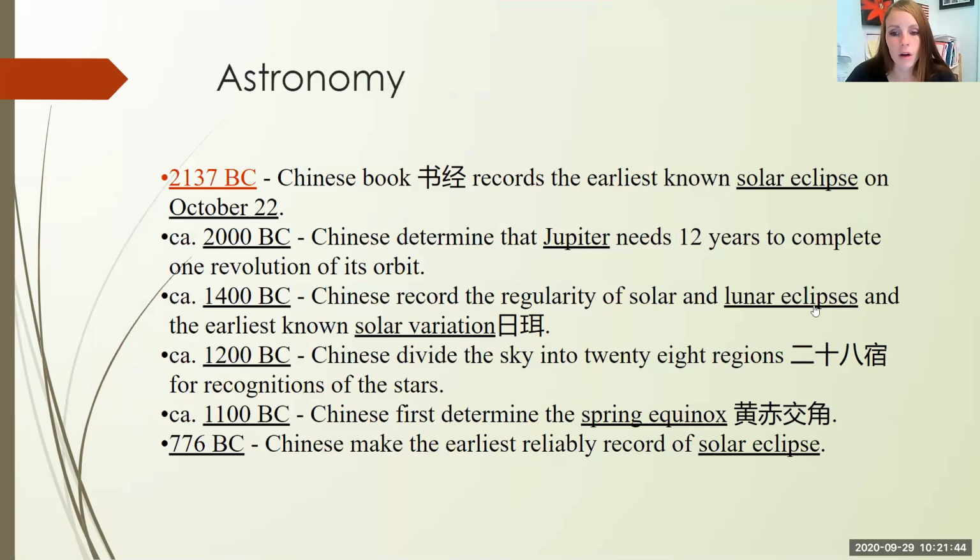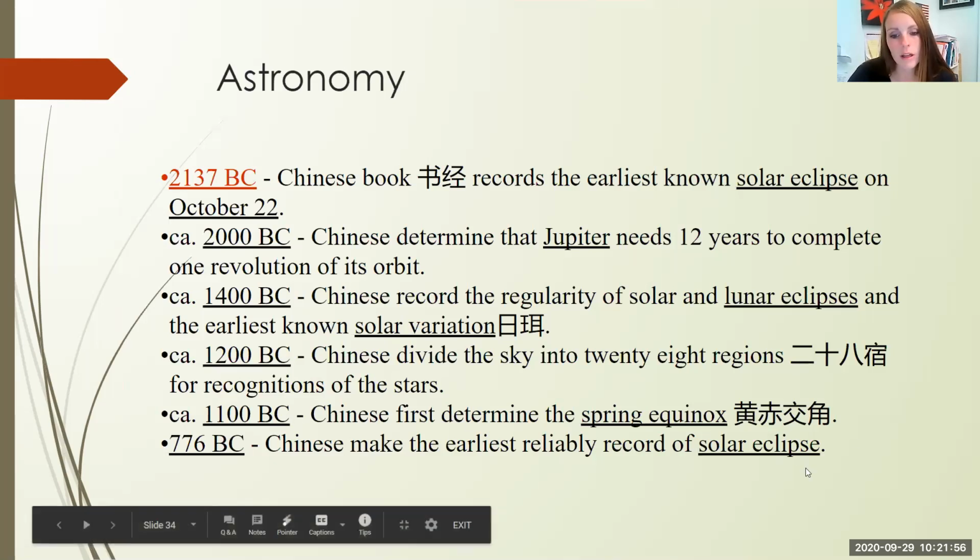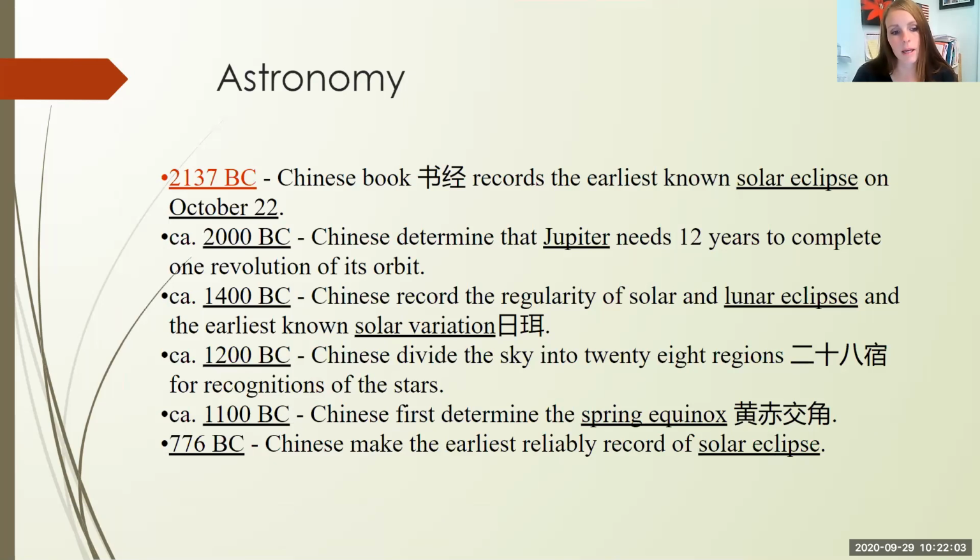They talk about solar and lunar eclipses, solar variation. They divide the sky into 28 regions because of the stars, and they talk about the spring equinox and solar eclipse. It's really cool. They are basically the first ones to discover astronomy, and they have a lot of writings about it. So we understand a lot about it because of them and because of the Mayans, but we'll talk about them later.